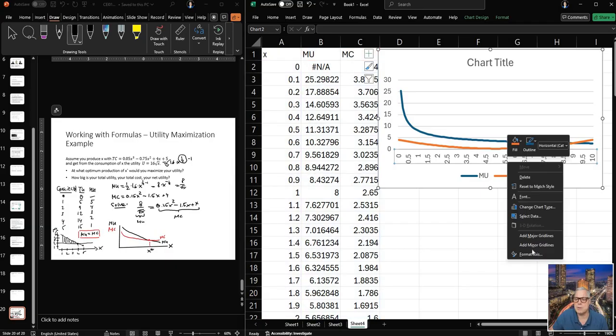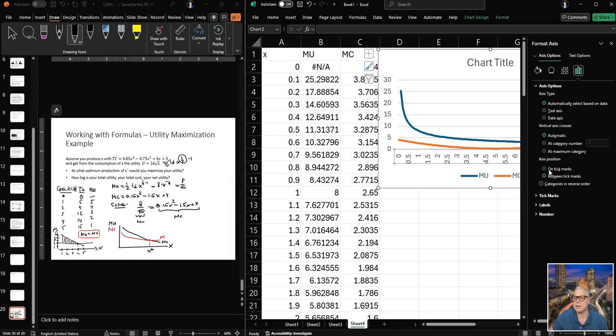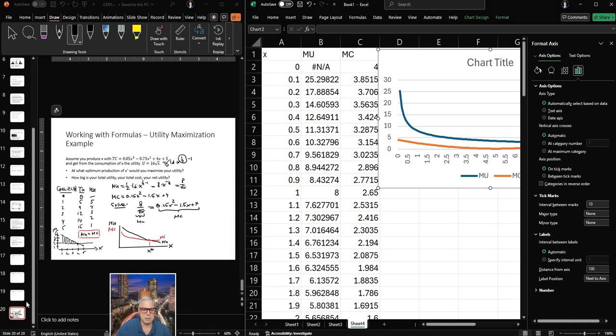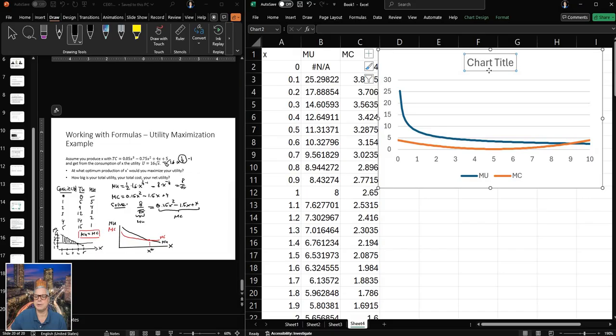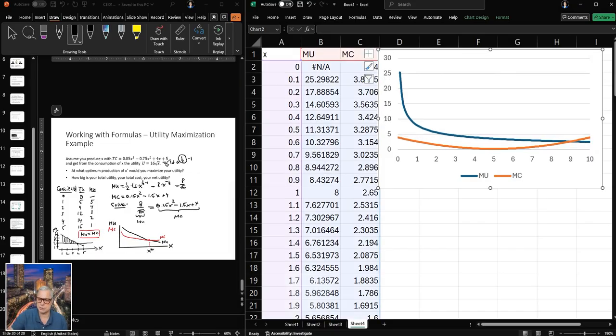Let's make it a little bit smaller, and maybe pull it up. So now let's nicify this graph again a little bit. Format axis, tick marks. Let's have tick marks 10, and the labels also 10 units apart. And now we don't really need a header. We know it's marginal utility and marginal cost.